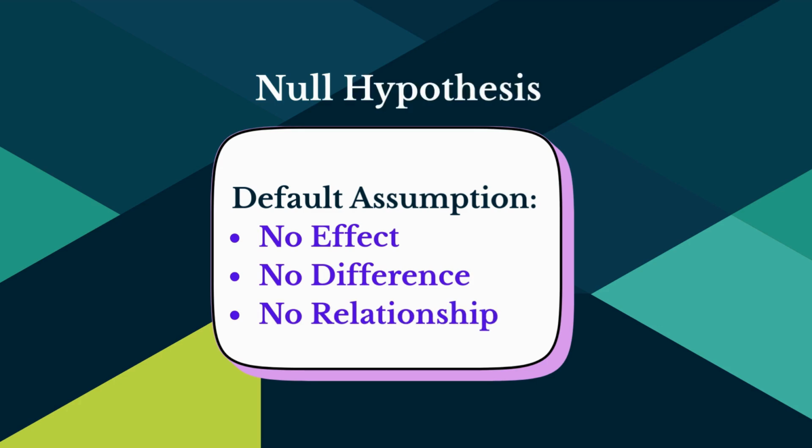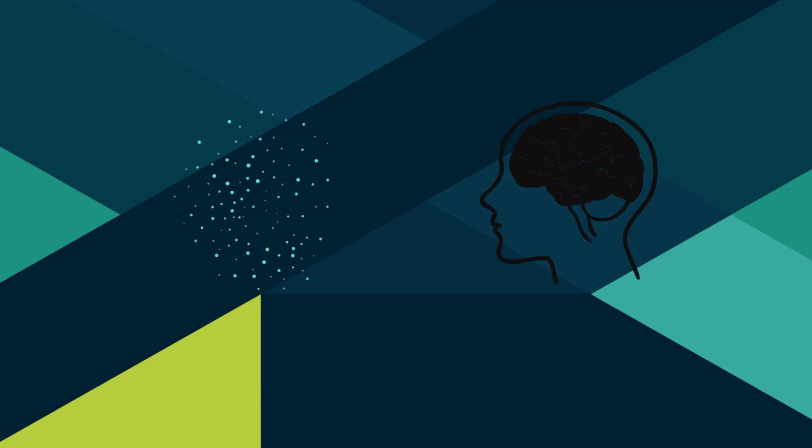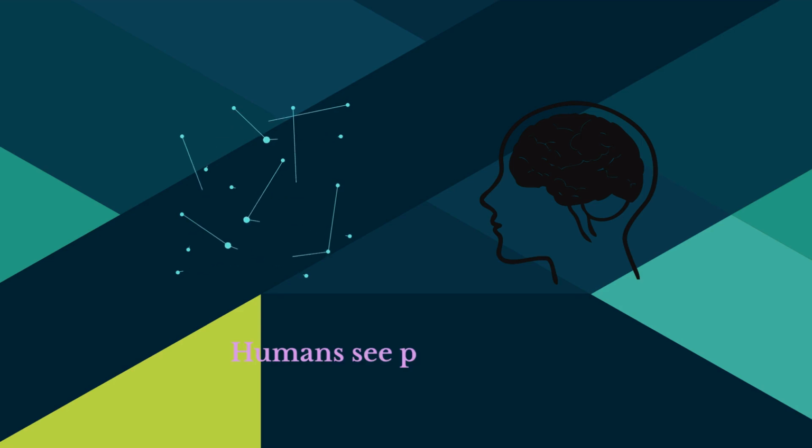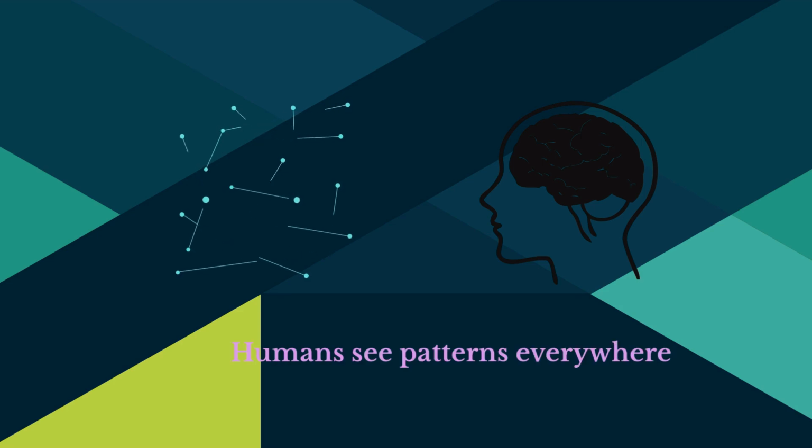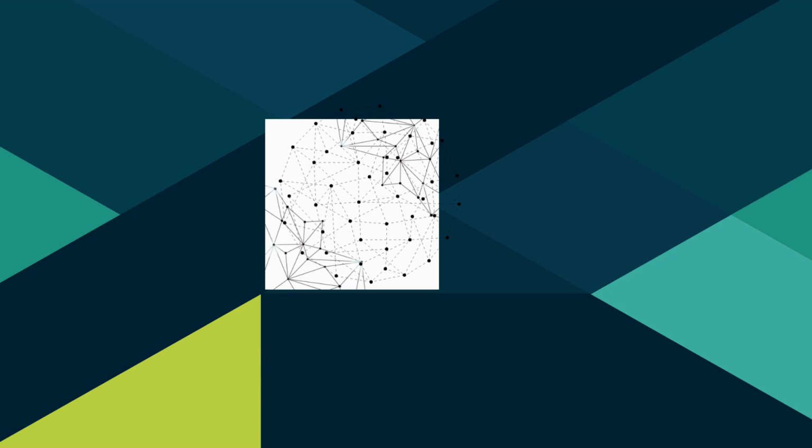It simply says any difference we see is due to random chance. Why do we do that? Because if we don't assume randomness first, we will end up seeing patterns everywhere, even where none exist. So, the key idea is simple. Assume nothing is happening until data strongly disagrees.